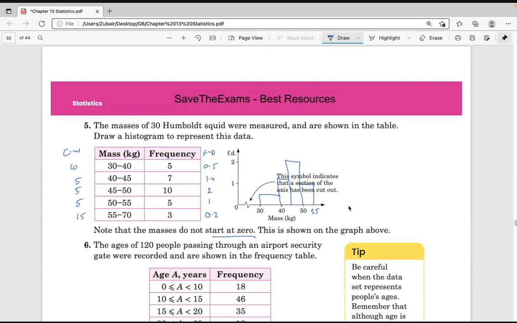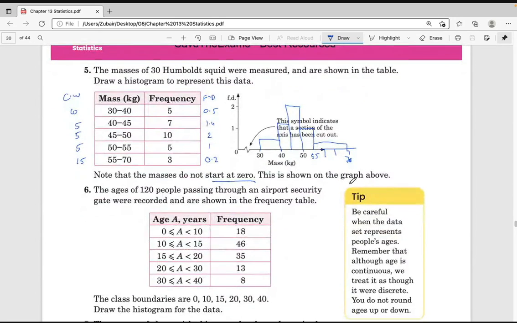And 55 to 70, 60, 65, 70 is 0.2. It would look much better on graph paper and once done with pencil and ruler.